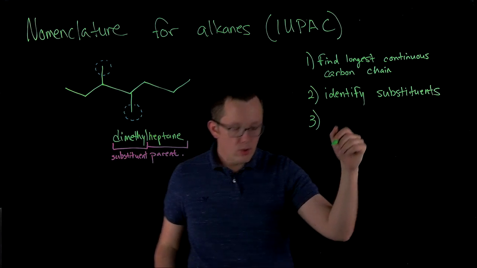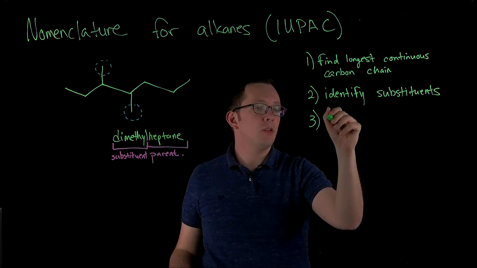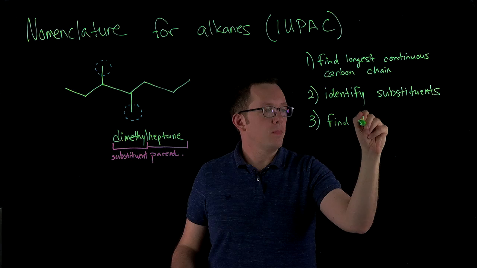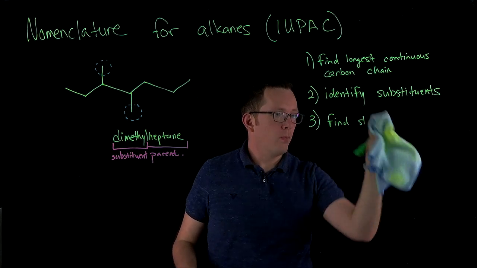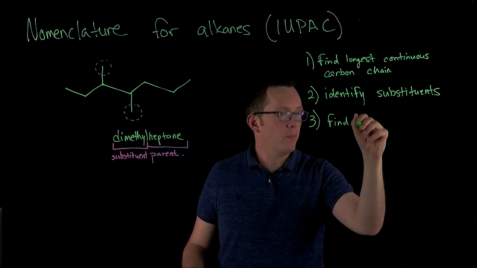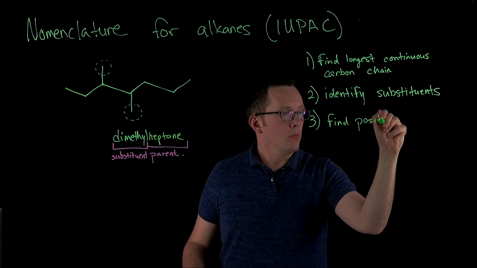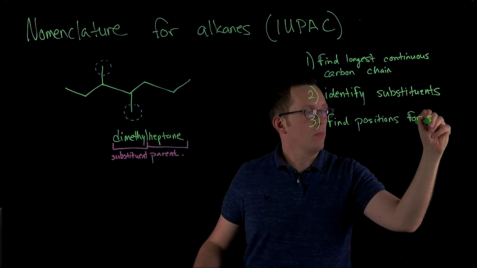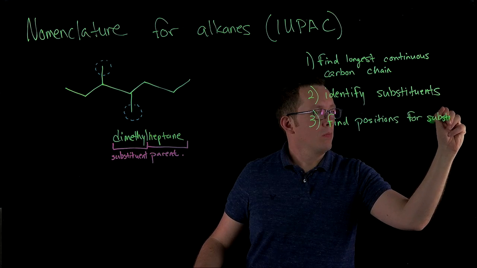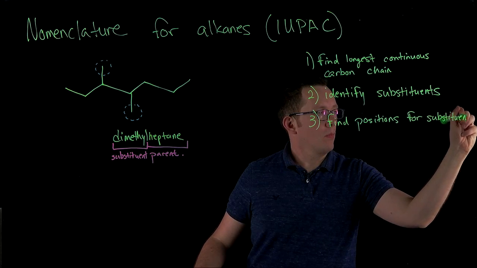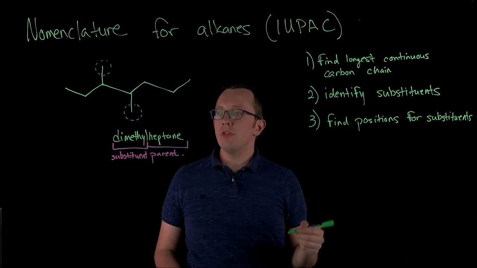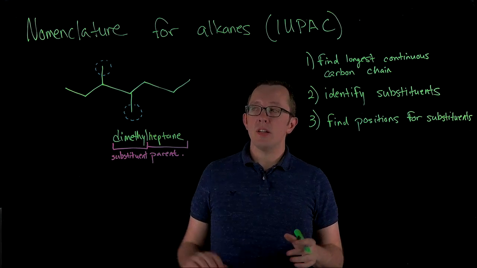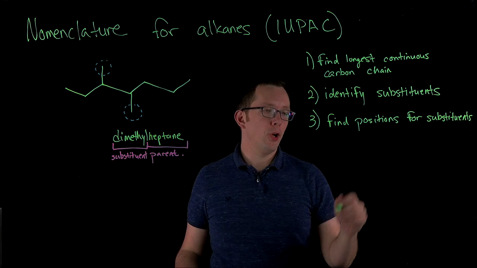So we need to find the position for our substituents. And we want to do so and obtain the lowest numbers possible when we find our numbering.